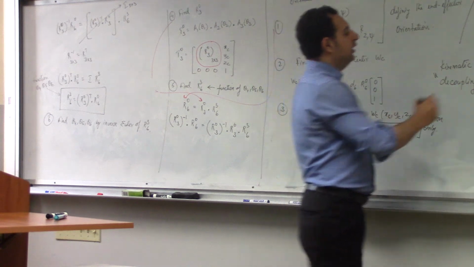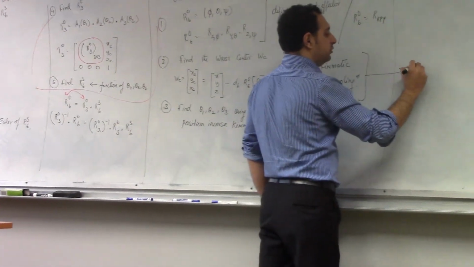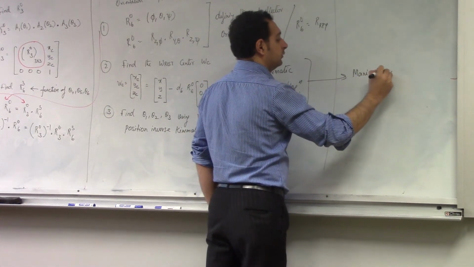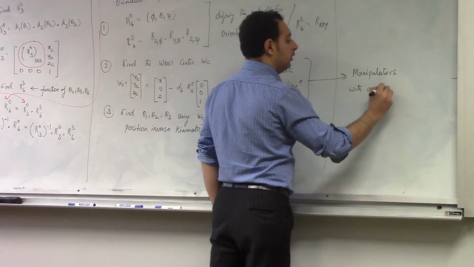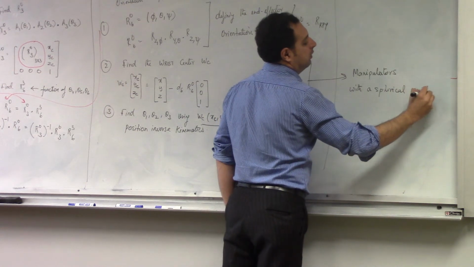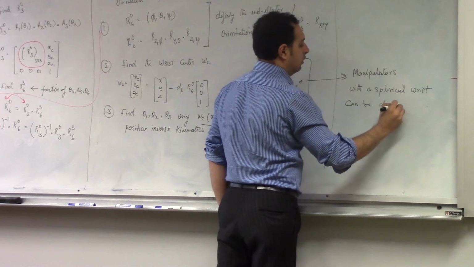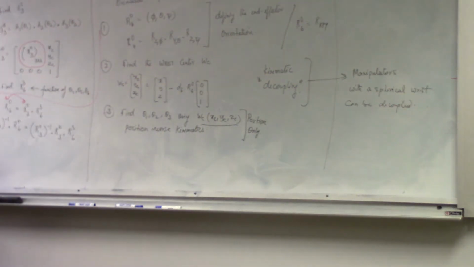So for example, the simplest case where this is applicable is manipulators with a spherical wrist. Manipulators with a spherical wrist can be decoupled.